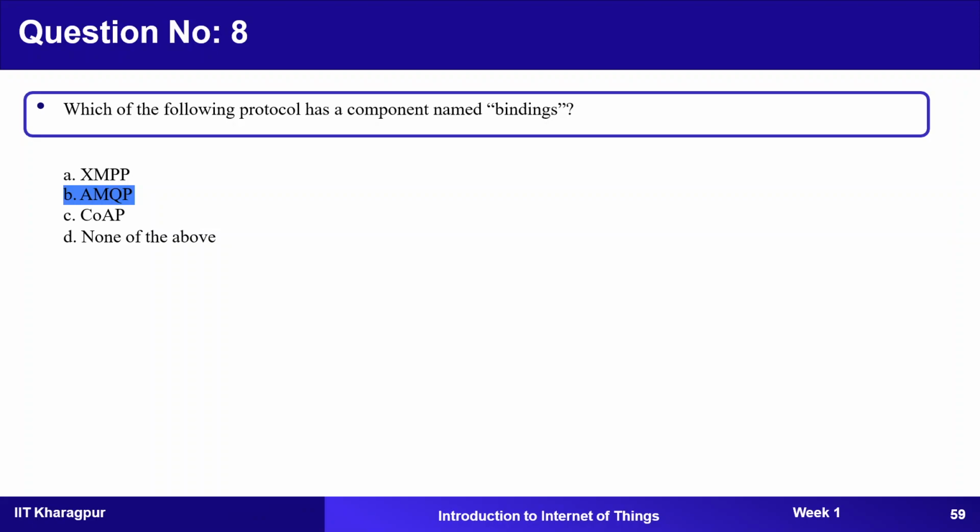In AMQP, both publish-subscribe and request-response are available, so you can use it. Compared to MQTT, AMQP would be better, right? Depending upon the application where you are going to use the protocols, you will decide which protocol is suitable.